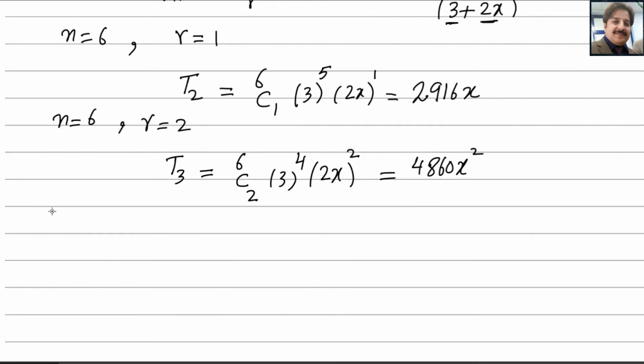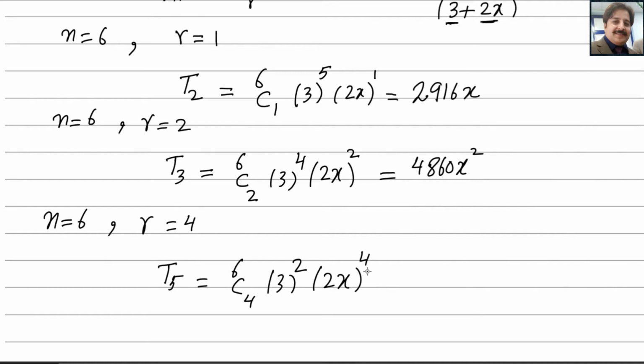For the fifth term, n remains the same and r will be 4, so it is T5: 6C4, 3 to the power 6 minus 4, which is 2, and (2x)^4. Solving it, we get 2160x⁴. So this is the answer for the first part, these three terms.